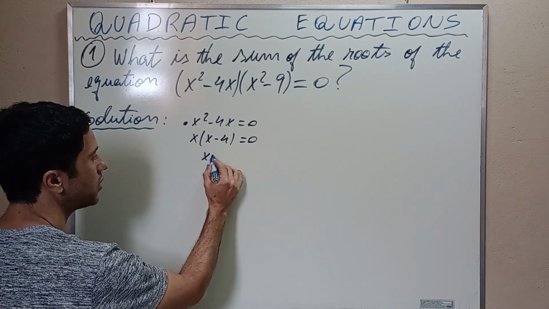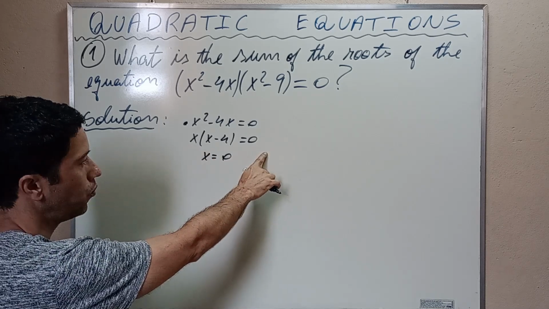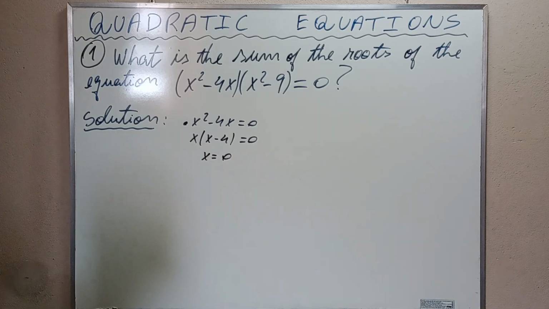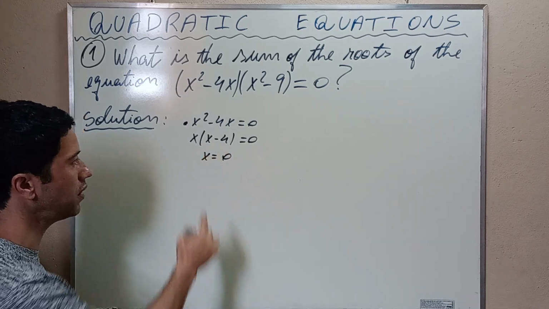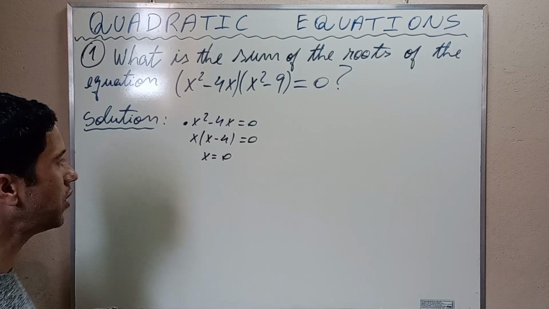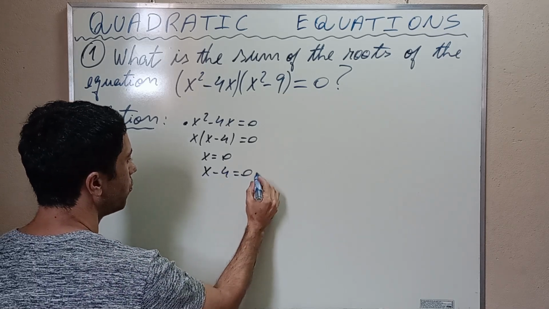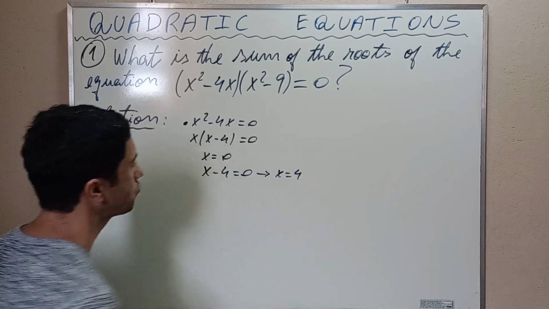We want values of x here and here that make it true, that make it equal to 0. Observe that x equal to 0 makes this statement true, because if I multiply it all by 0, it is 0. But there is an additional value: x minus 4 equal to 0, in which x is equal to 4.